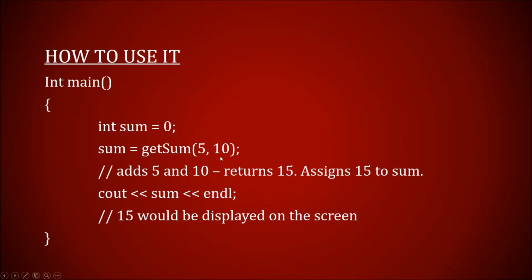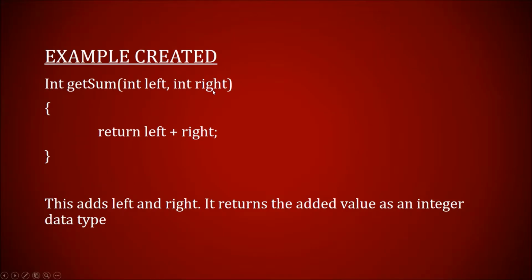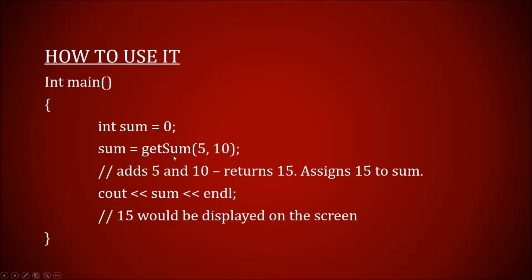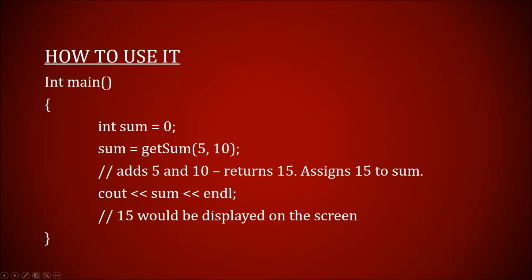The 10 is going to be passed into the right variable here. And what it's going to do is take that 5 and 10, add them together to get 15, and return that 15 back to whatever is over here. So sum receives that 15 value. If we were to cout sum, 15 would be displayed on the screen.